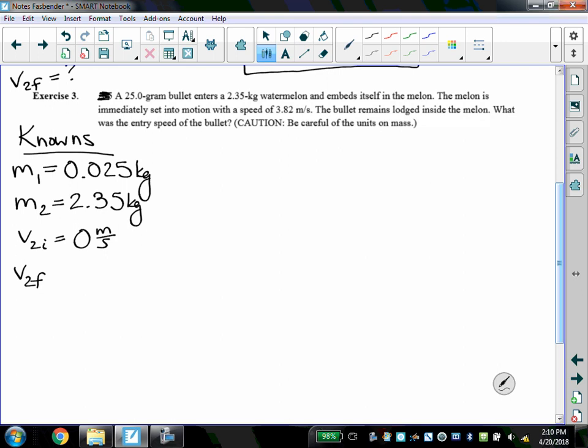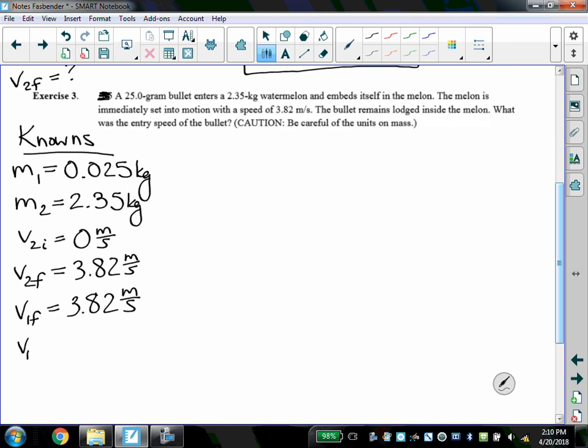So the V2F would be 3.82 meters per second. Now, we also are told that the bullet remains lodged inside of the melon, okay? And this piece of information tells us what that final velocity of the bullet is. It must be the exact same as the melon, since it's lodged in there.